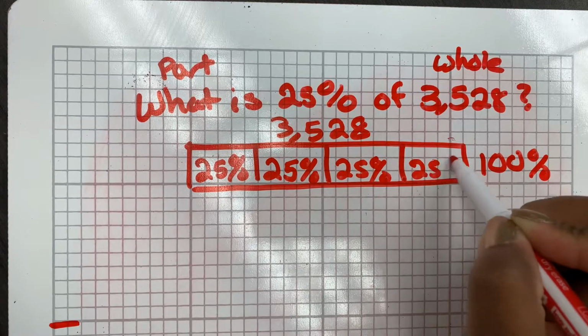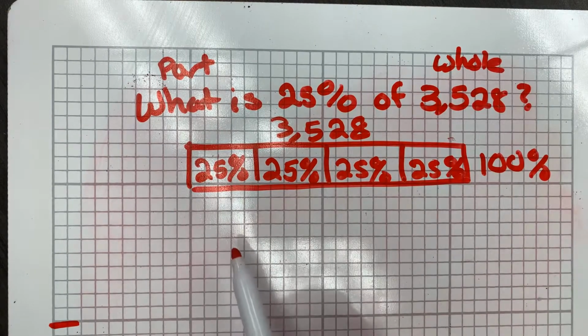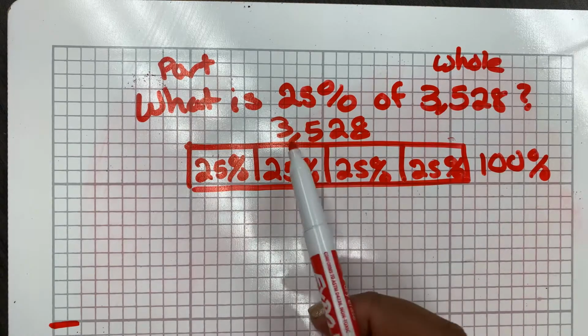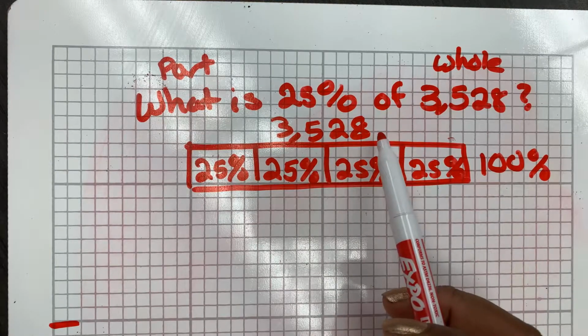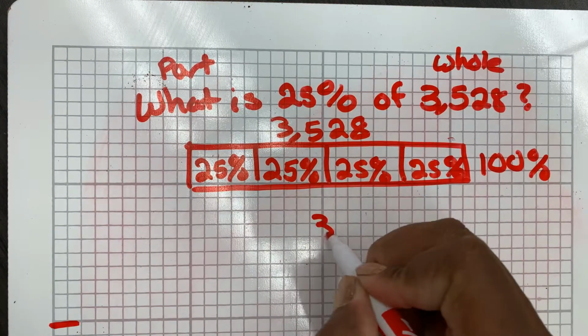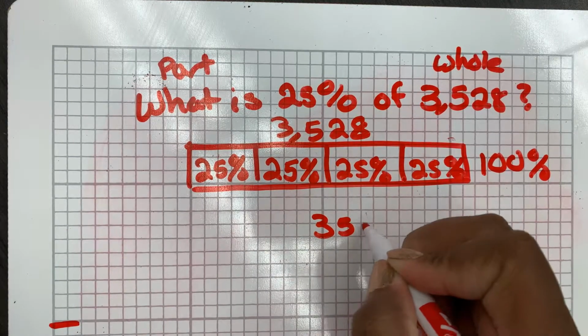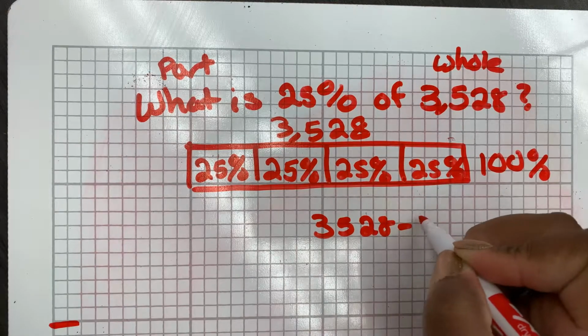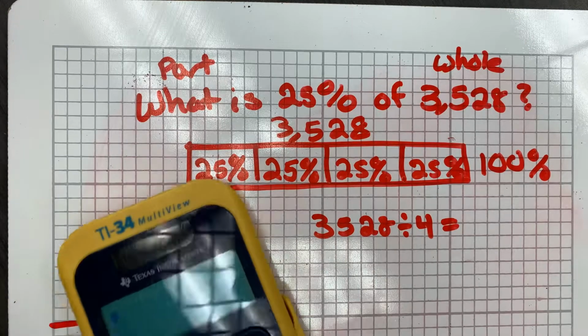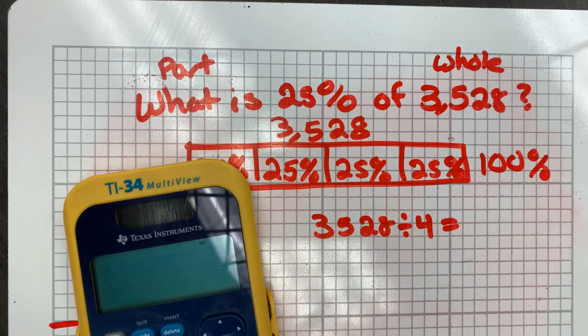So now that we have it broken up into groups of 25, I can see easily that 3,528 is going to be broken into 4 groups. So I'm going to take 3,528 and divide it by 4. Now these are calculator problems, so we're going to want to have our calculator handy because we get to use it.